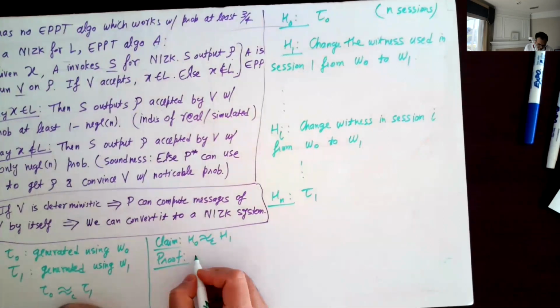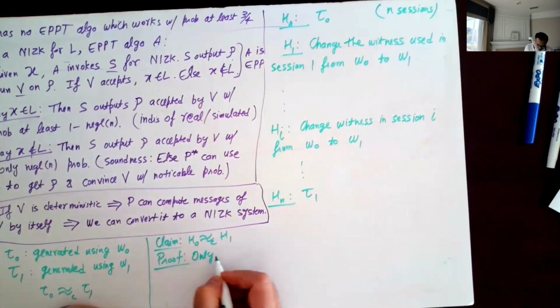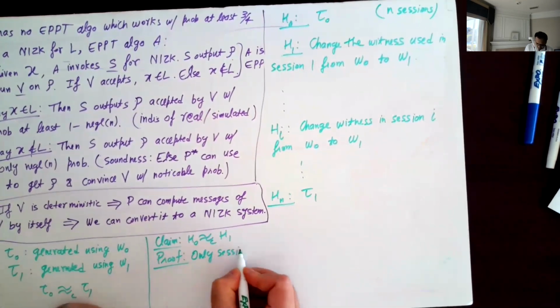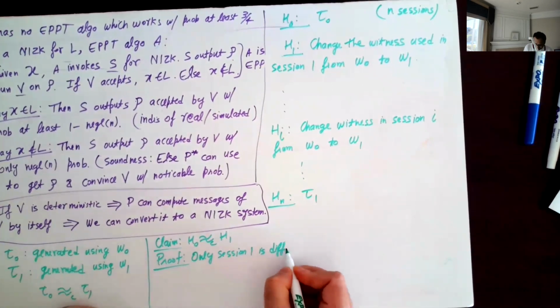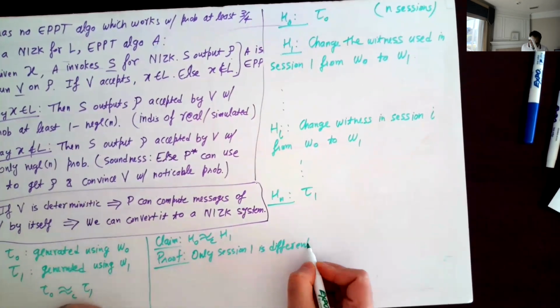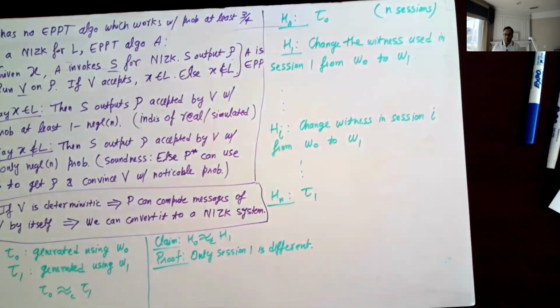Okay, so there are multiple options here. Either you can just rely on the fact that witness indistinguishability is implied by the zero knowledge property.